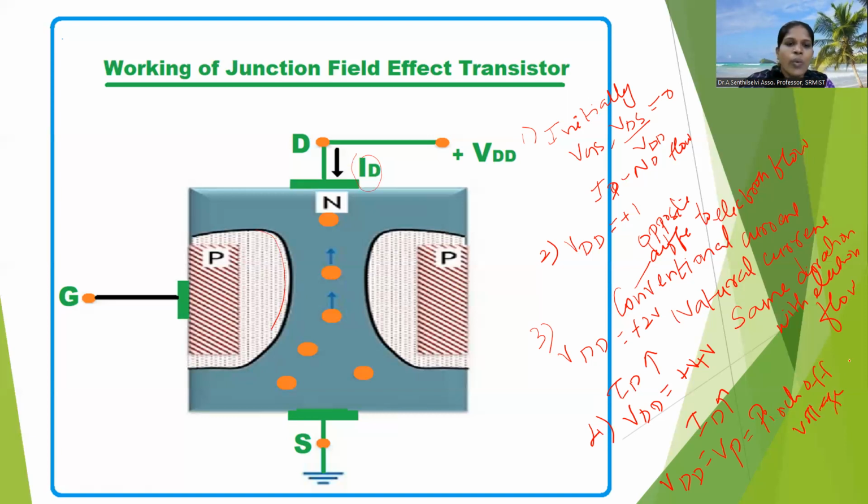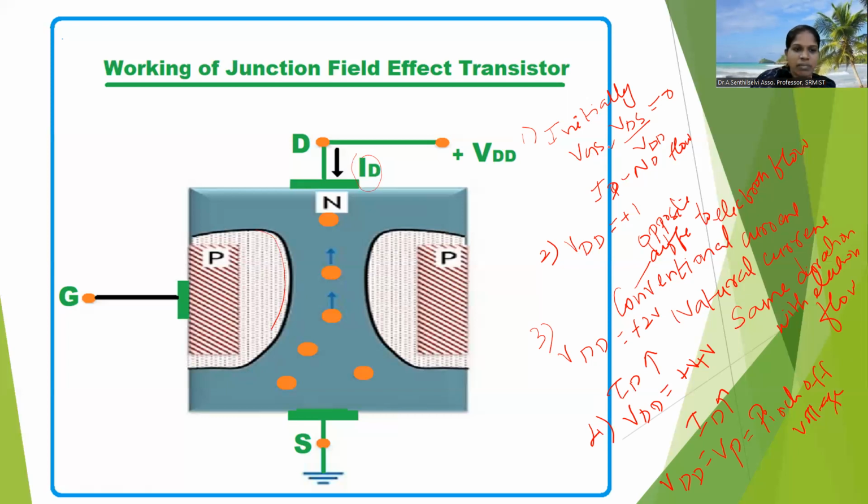Now we are applying some negative voltage to the gate terminal. We apply it after reaching the saturation condition. Initially we were maintaining the gate terminal at 0.